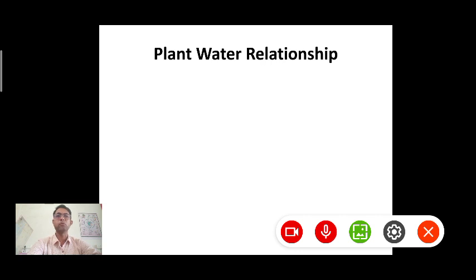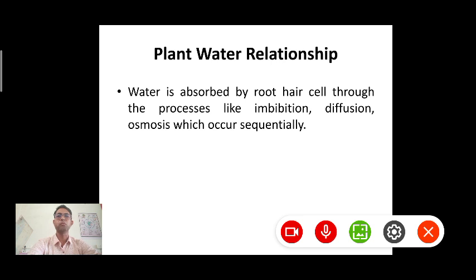Now, in this plant water relationship, water is absorbed by root hair cells through processes like imbibition, diffusion, osmosis, which occur subsequently. It is not that either imbibition, either diffusion or osmosis occurs alone, and due to these processes water is absorbed by the root hairs of the plants.